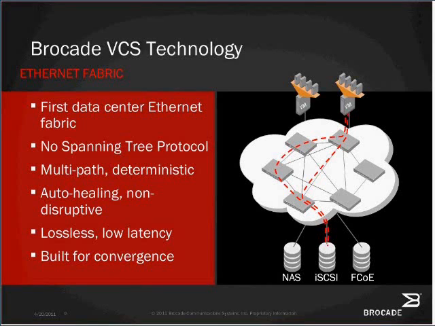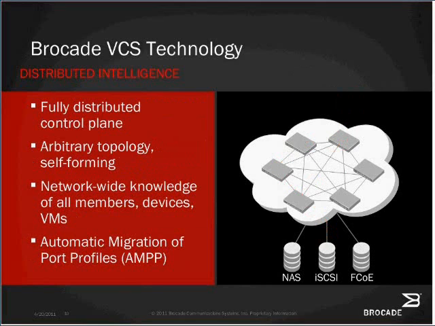Another important element of the Ethernet fabrics is a concept we call distributed intelligence. So what happens in the Brocade Ethernet fabric is we have a fully distributed control plane. And what that means is that, first off, you can form this fabric in any arbitrary topology. Here we show a star topology. You could do it in a full mesh network architecture. If you wanted to, you could even daisy chain it.